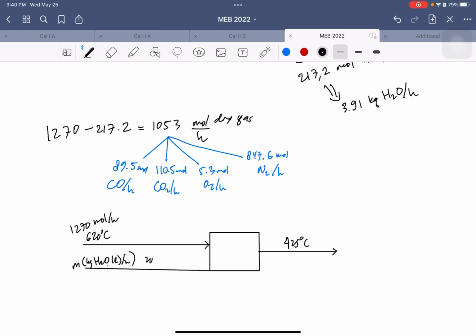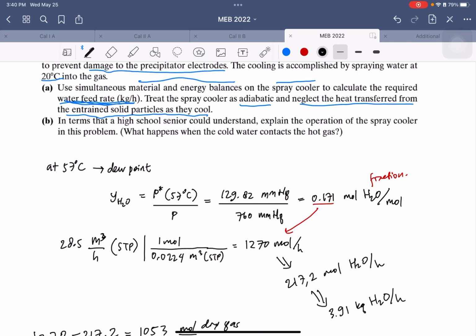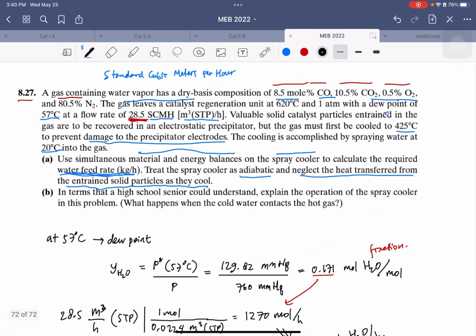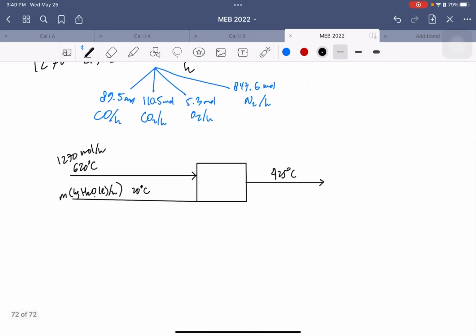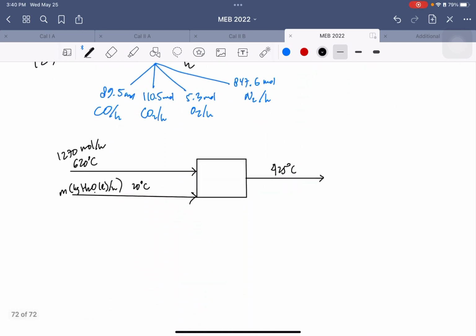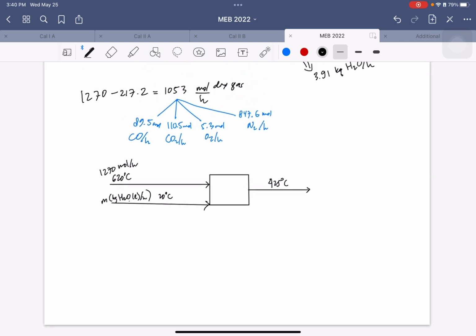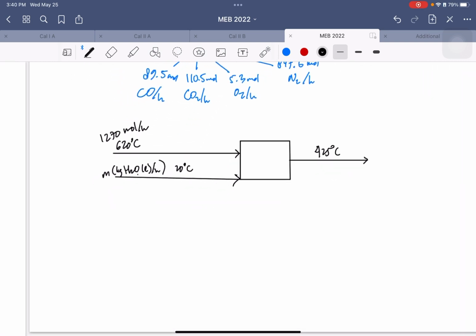Okay. And this will be 20 degrees Celsius. This is the one that we are going to use for cooling, right? For cooling. So this is the cooling accomplished by spraying water, and so on. Okay. So we might need a reference.